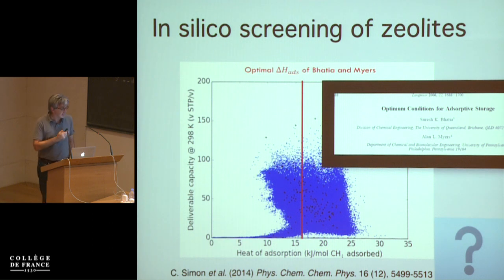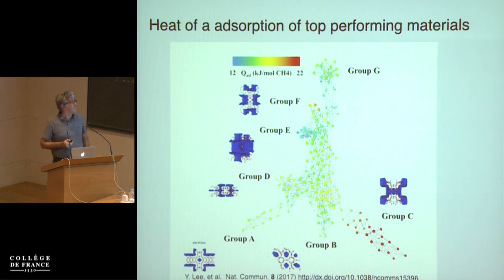So what we then did is we took the top 10% of the best performing materials and then analyzed the topology of these materials. Maybe this type of diagram, where the color coding is now the heat of absorption. So what you see is that the top performing materials sort of separate in very distinct groups.